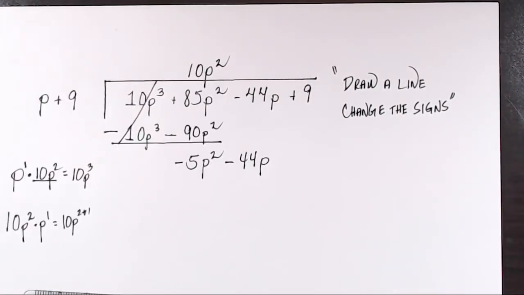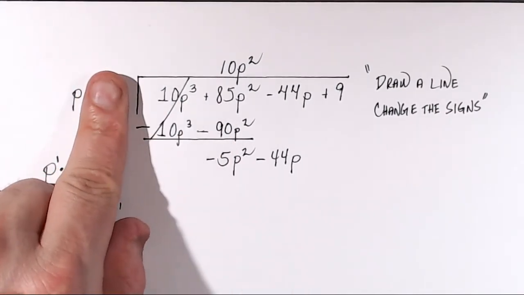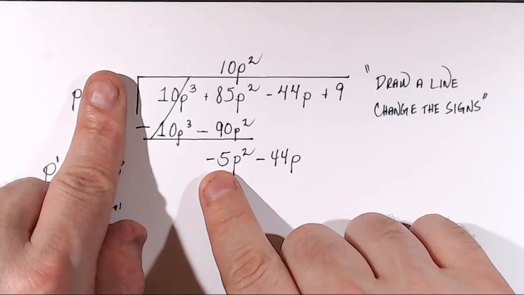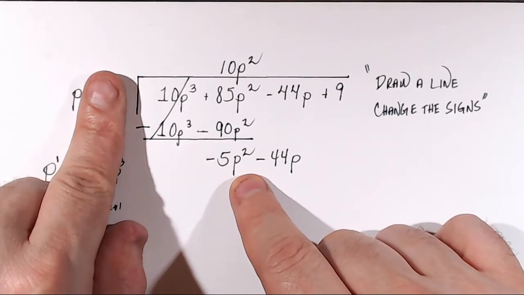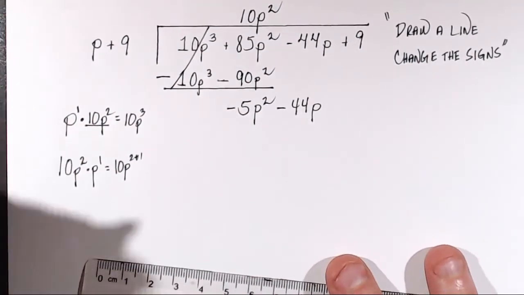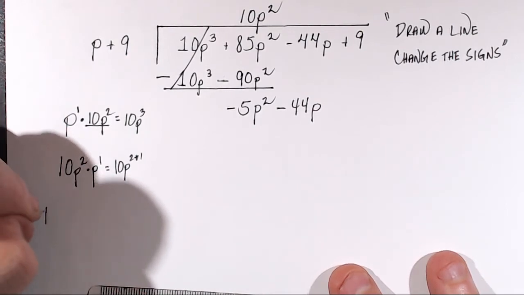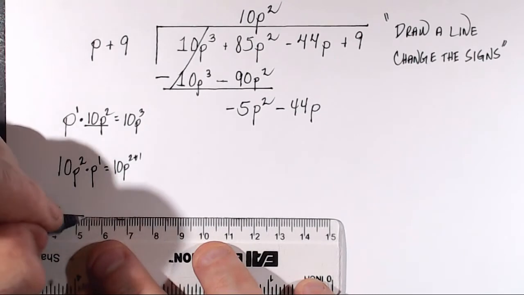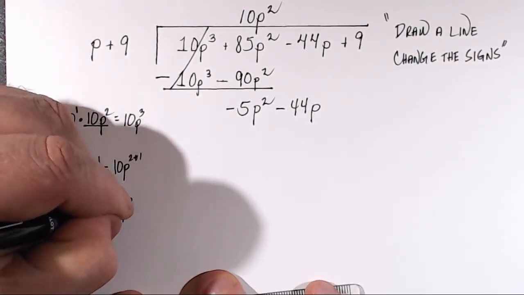Now you play the same little game. You cover up the 9 and ask yourself, what would I need to multiply by p to get negative 5p squared? If you're not one of those learners that does it in their head, you've got p, and you need to multiply it by something to equal negative 5p squared.